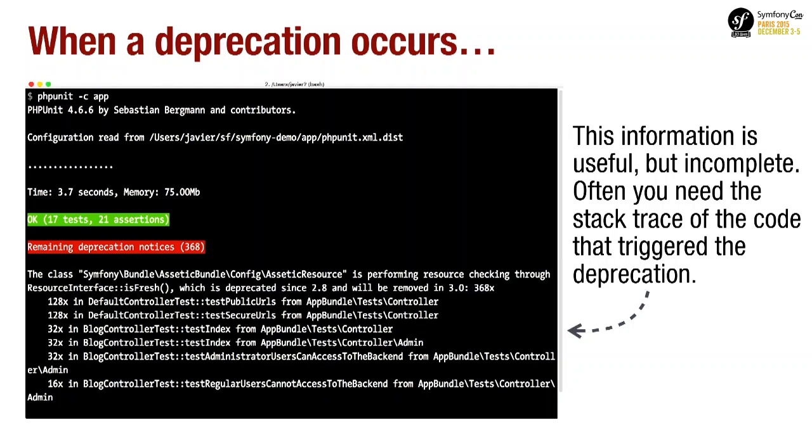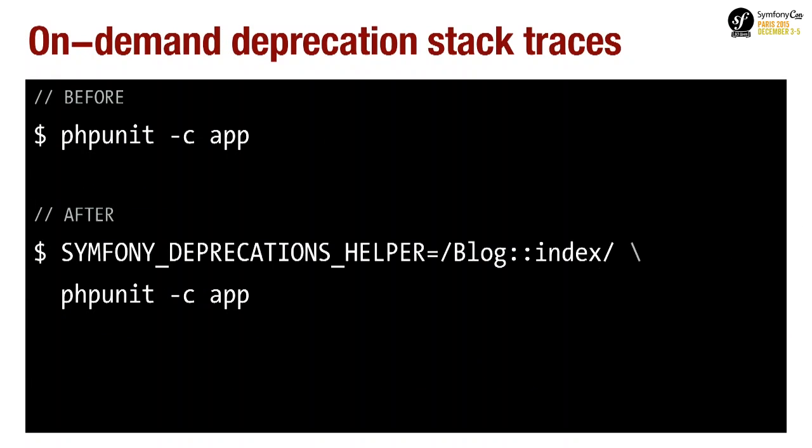Well, in the latest version of the PHPUnit bridge, you have a stack trace on demand. If you execute your test like that, what will happen is, if the index method of the blog class triggers a deprecation, the test will stop, and you'll see the full stack trace to see the origin of that deprecation.